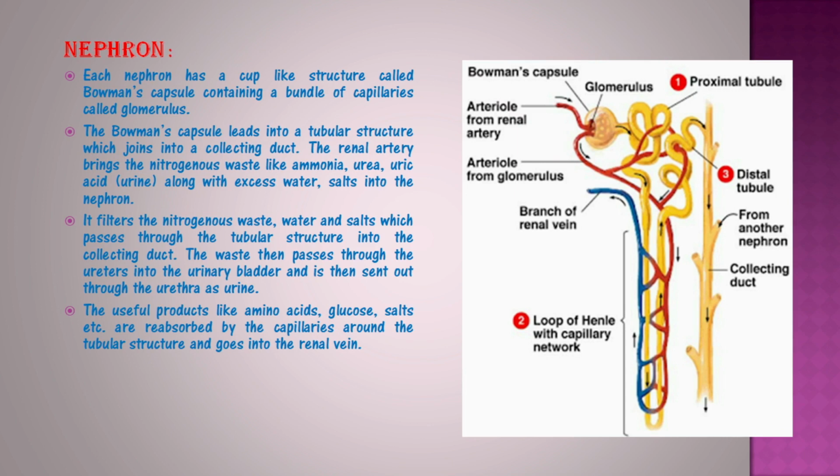In the nephron, the blood gets purified and the nitrogenous waste gets removed, and certain useful products like amino acids, glucose, salts and water are reabsorbed. The eliminated waste is sent to the ureter, and from the ureter it reaches the urinary bladder, where it gets stored and the urine is released out. You can look at how the nephron filters the waste or removes the waste from the blood.